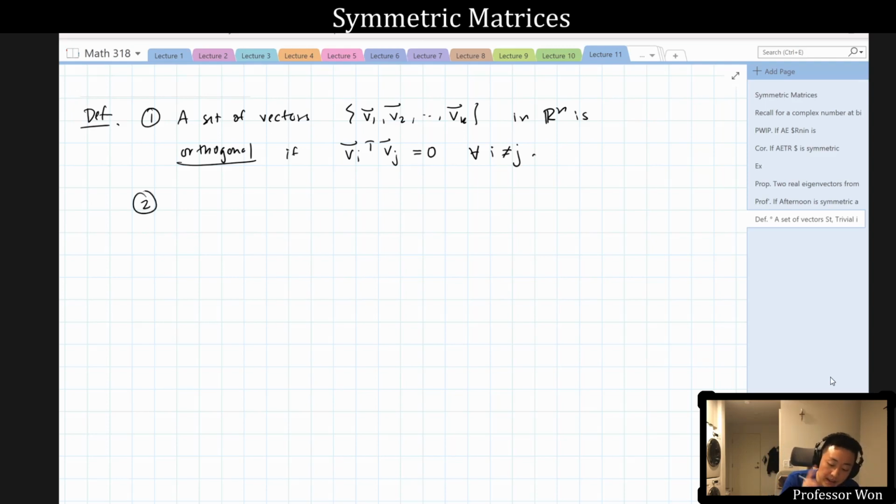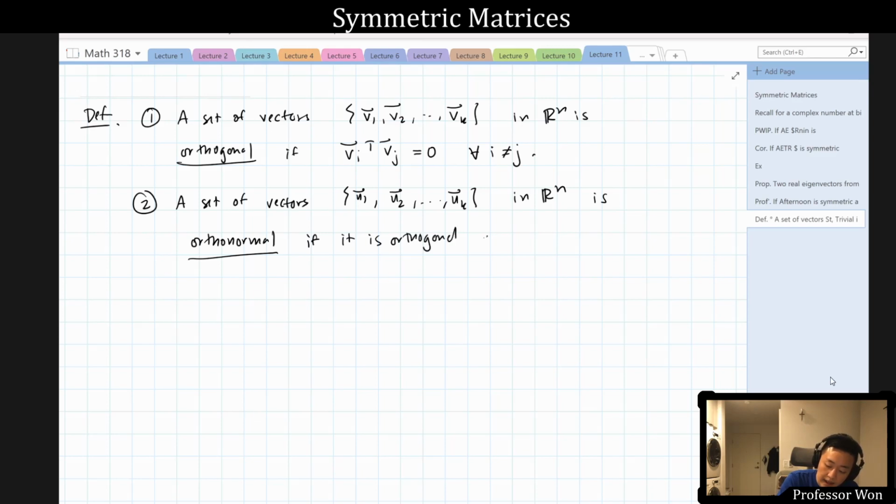Okay, but we're going to introduce an even nicer notion. So a set of vectors, and now I'm going to use the letters u, because I kind of want you to associate the letter u with this notion and not just the orthogonal notion, is called orthonormal if it is, first of all, orthogonal, and each ui has length 1.